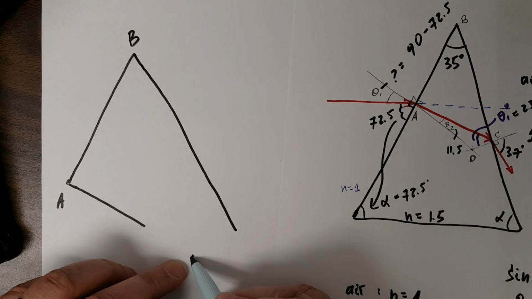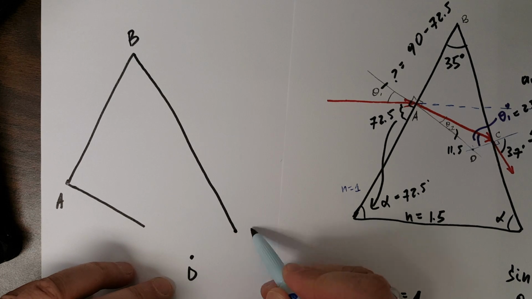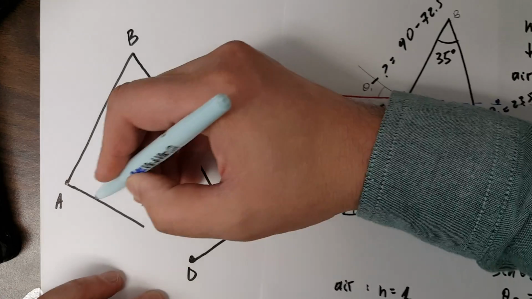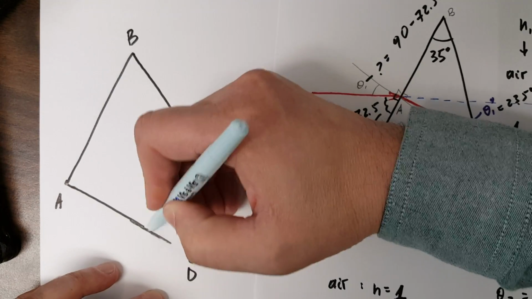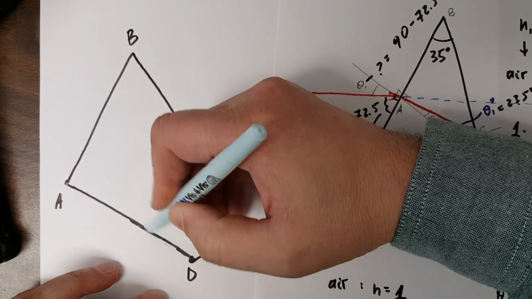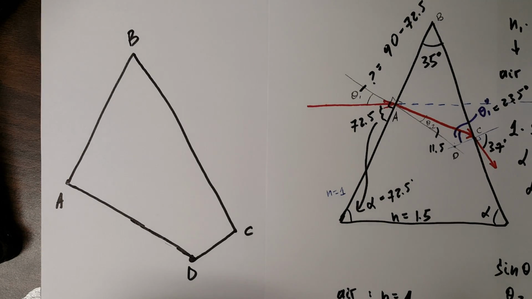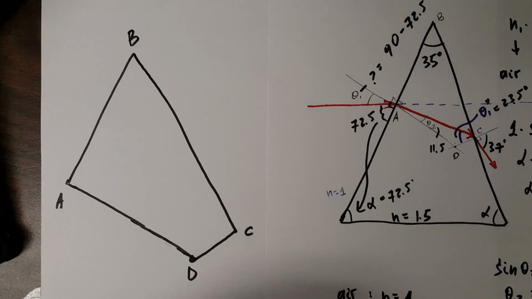So we have this point D, this point C. This again is a normal. All right, good enough. A, B, C, D points are shown clearly.